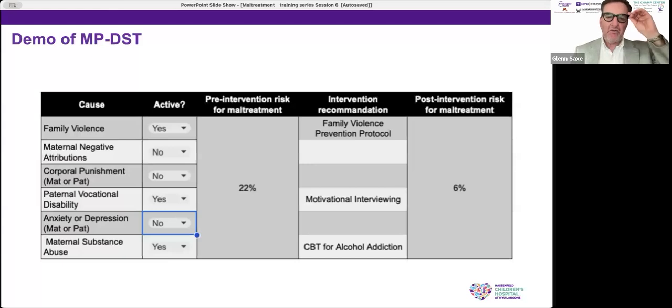And I'm not going to actually demo the tool. I could, because we have a workable draft tool here, but you see what each of the 6 causes are. You would do your assessment and you would determine yes or no. You would click that, and then this would tell you, based on this, what the pre-treatment risk would be.